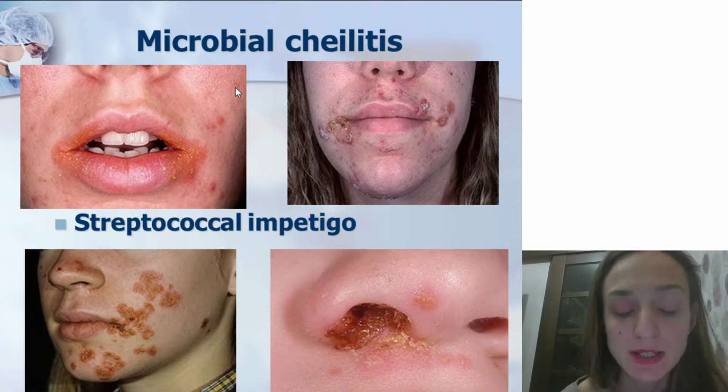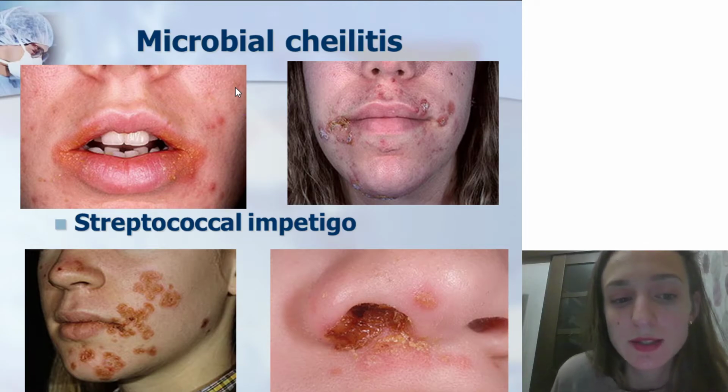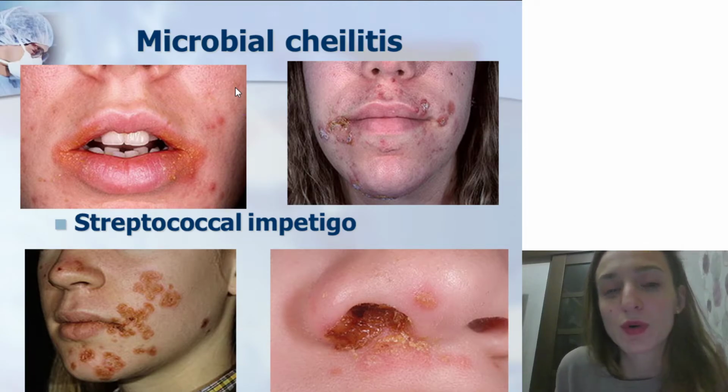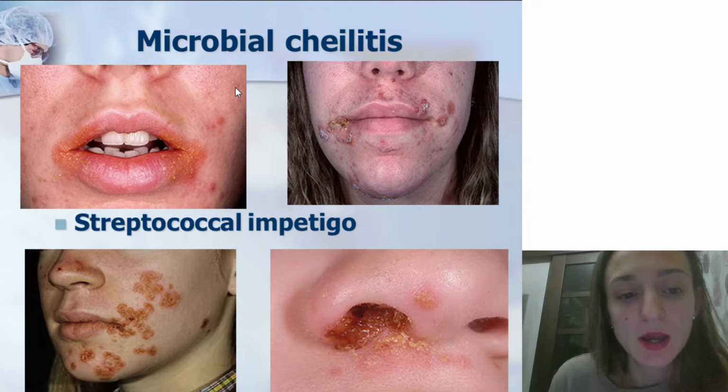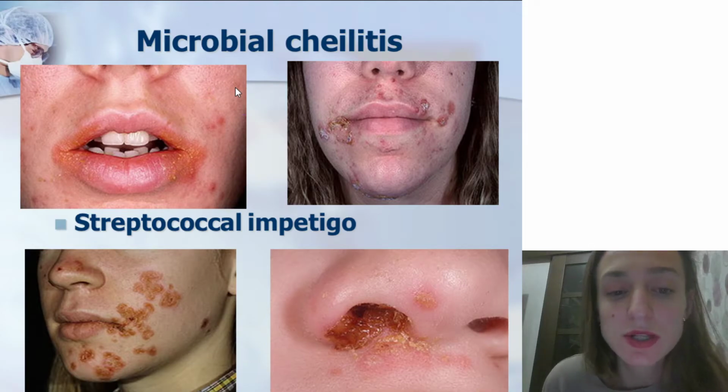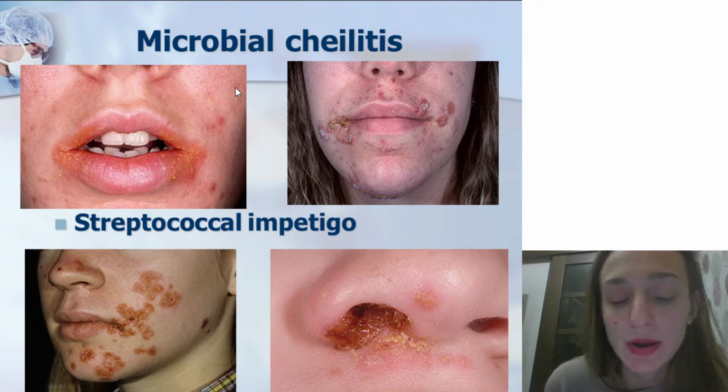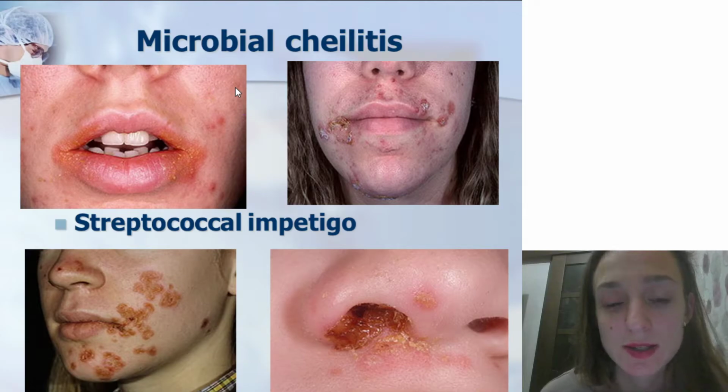The objective examination of the mouth angles detects hyperemia, swelling, and fissures of varying depths. Affection of the adjacent areas of skin to the mouth angles is typical for this form of cheilitis. The skin is hyperemic and contains scales of varying size.